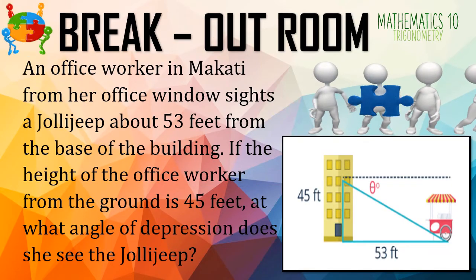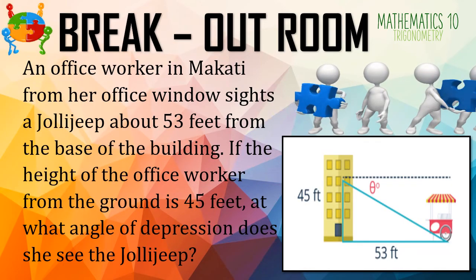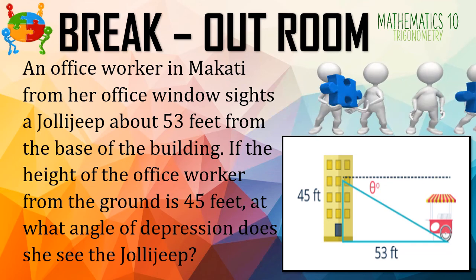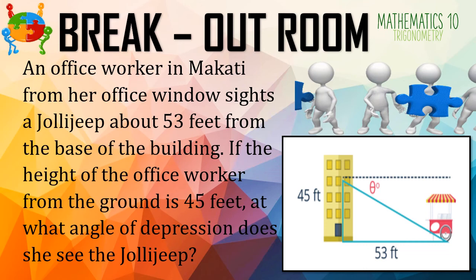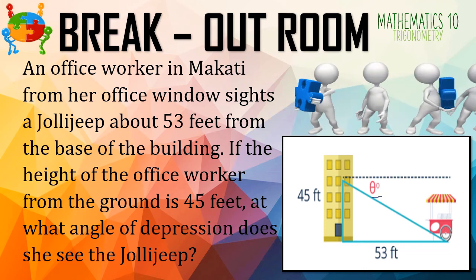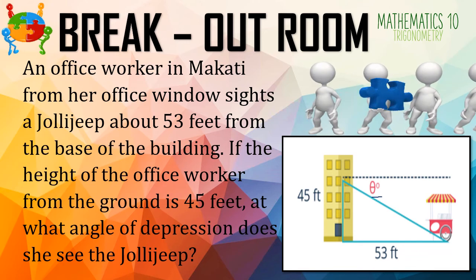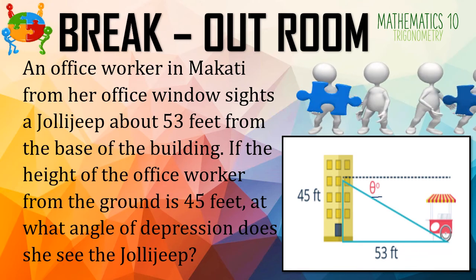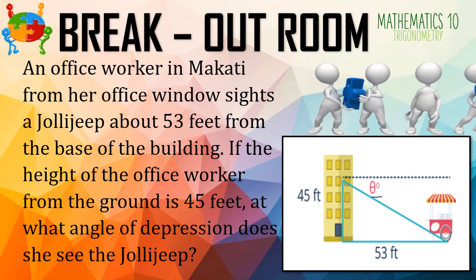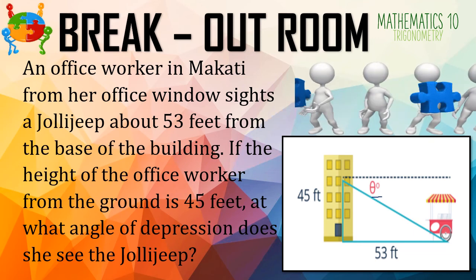Next problem. Based on our problem, we are supposed to find the angle of depression. It is not given yet. So again, I'll be applying the idea of alternate interior angles.